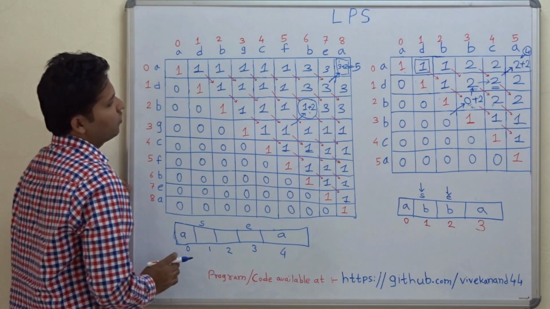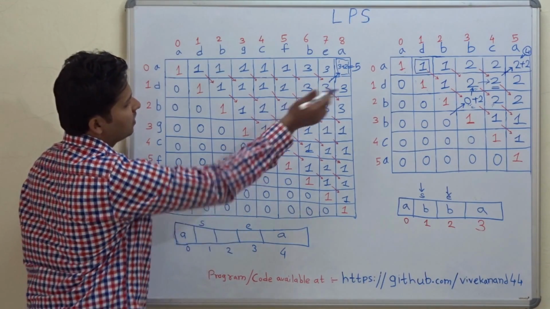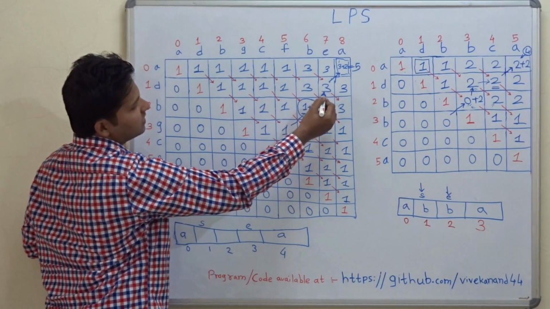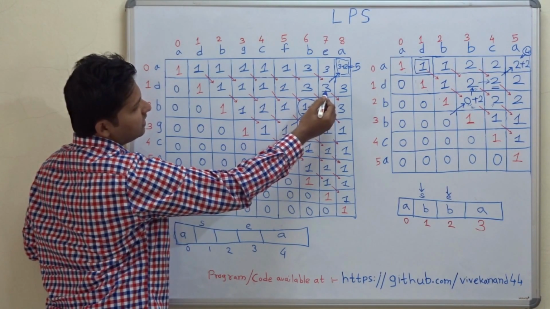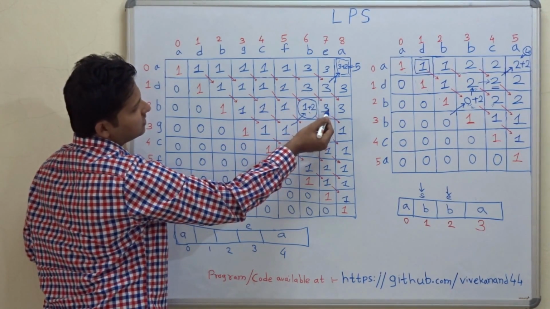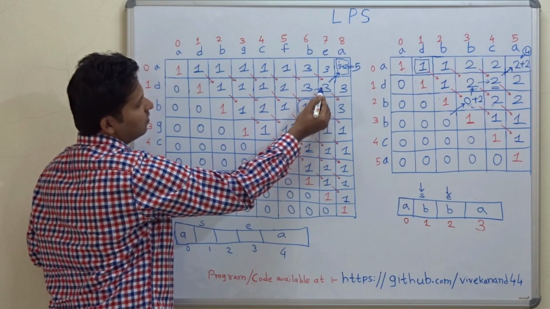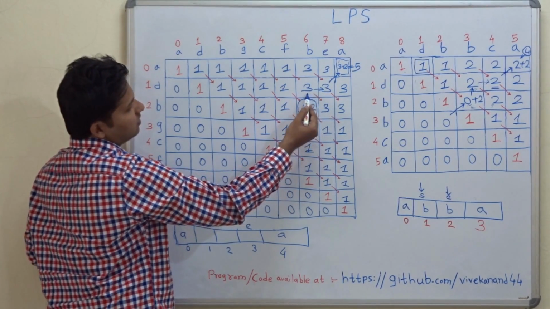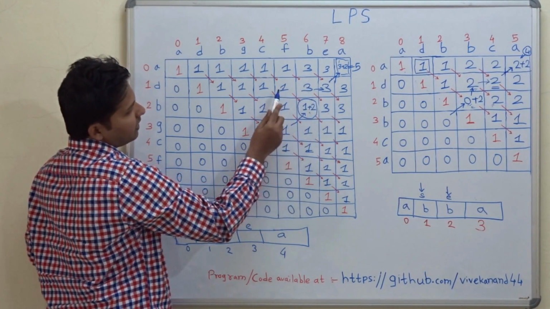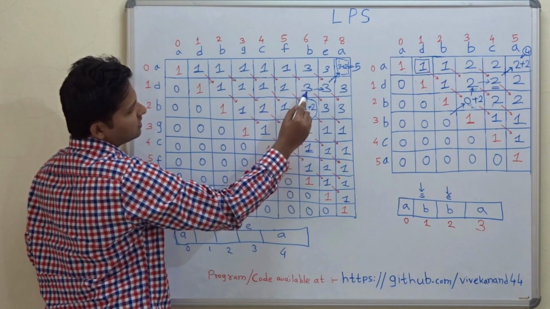So let's search for another character. From where these 3 came? These 3 came either from this or this cell. So we will go horizontally. Then from where these 3 came, max of 1 and 3, so it came from this cell.